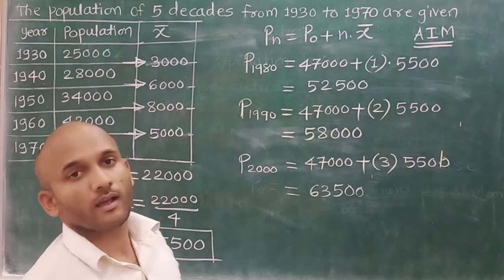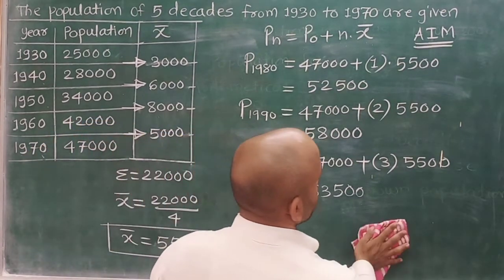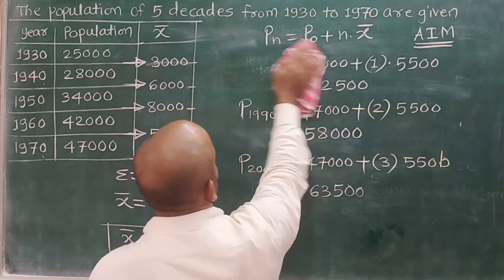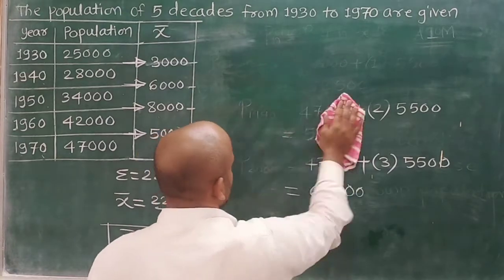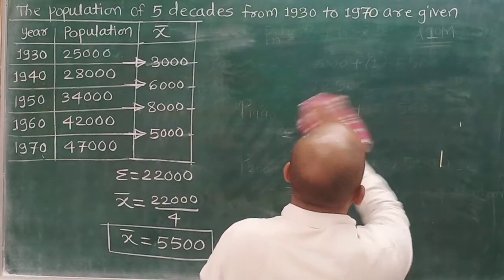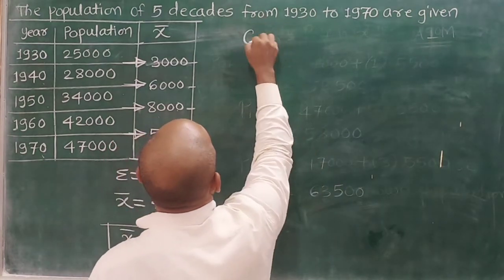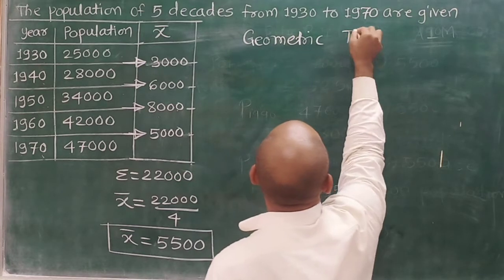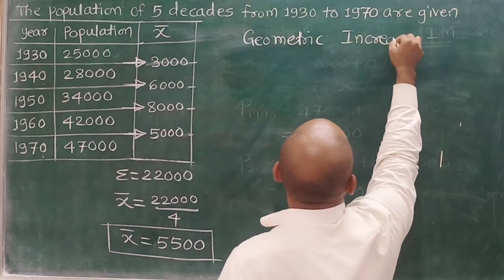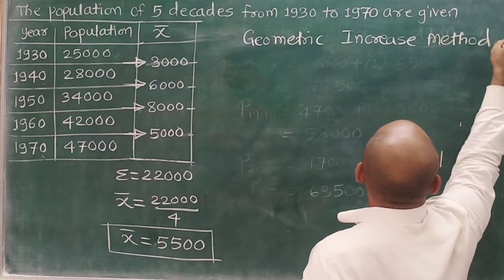The second method is the geometric increase method.